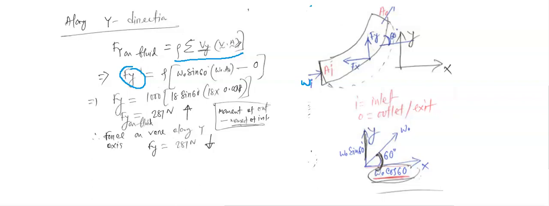So now, same as what we did for the first problem, we apply rho times Vy times V dot A. Similarly, the final momentum minus the initial momentum. Look, we have no mass along the y direction, definitely no momentum.